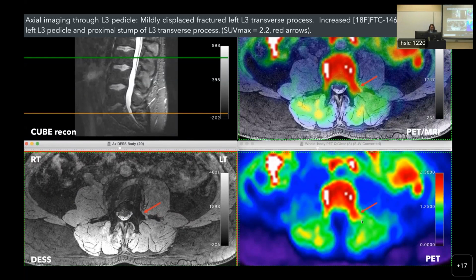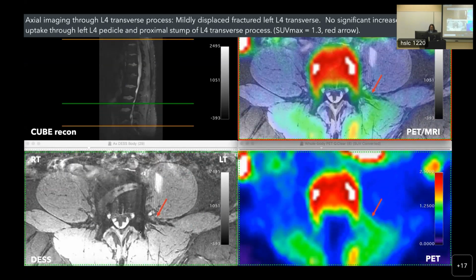And it turned out to be this one, where the sigma-1 tracer is getting right up to the fracture. Compare that to the non-painful fracture. Here's one that's non-painful, and that corresponds to this area on the transverse process. So again, nice corroboration between where pain is and where the morphologic imaging is.